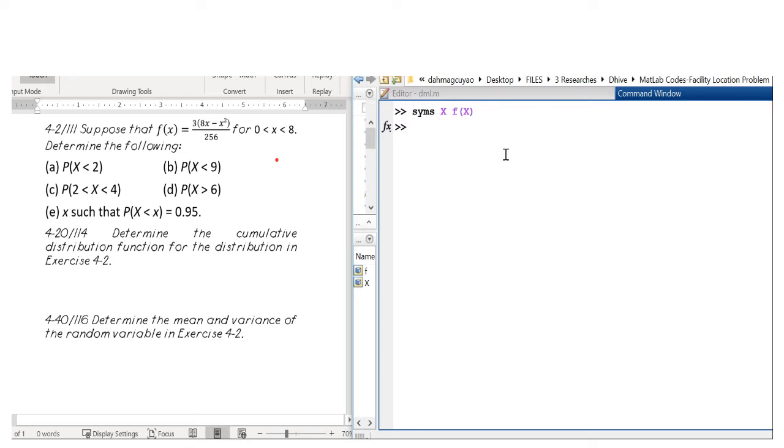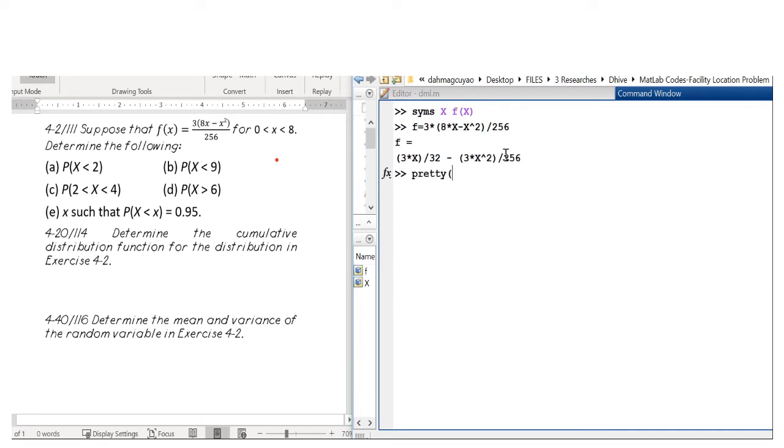So for this one, we define f to be equal to 3 times (8 times the random variable x minus the random variable x squared) over 256. We can simplify that.